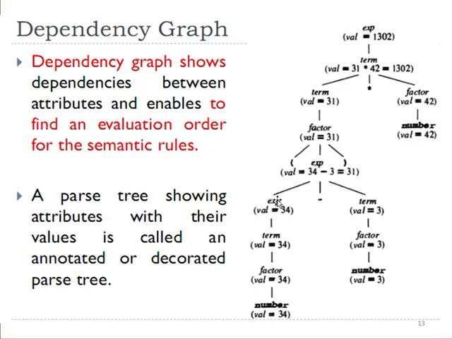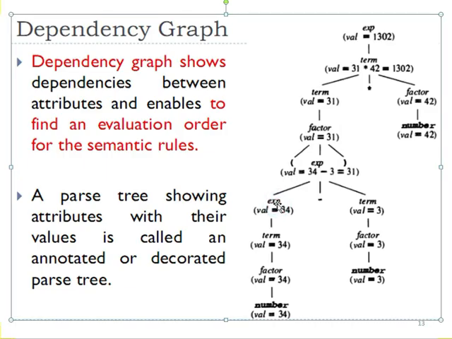So a tree, or simply the parse tree showing attributes with their values, is called an annotated parse tree or decorated parse tree. So after calculating each attribute value, the resultant tree becomes an annotated parse tree or decorated parse tree, and this is an output of the semantic analysis.